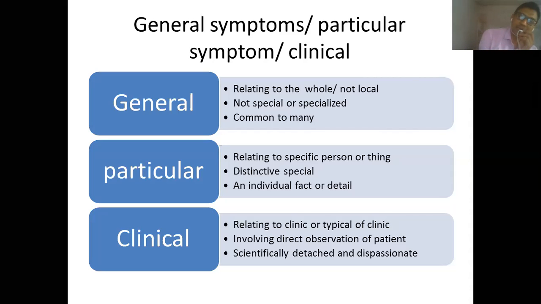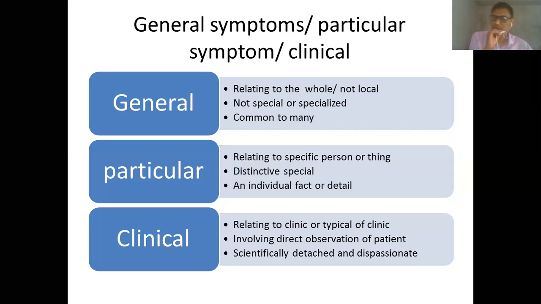One is common to many, or not special or specialized, and another aspect is that it is relating to the whole, and the thing which is not local. Ikra, any confusion? So this word general has both meanings. It indicates common, and it also indicates the term which is applicable to the whole body, which is not local. So remember this.